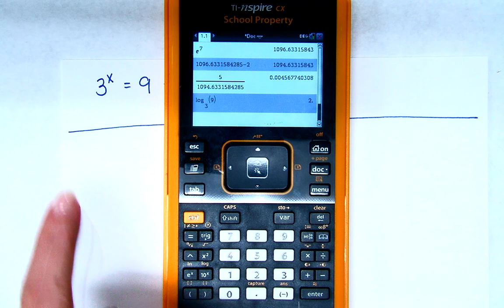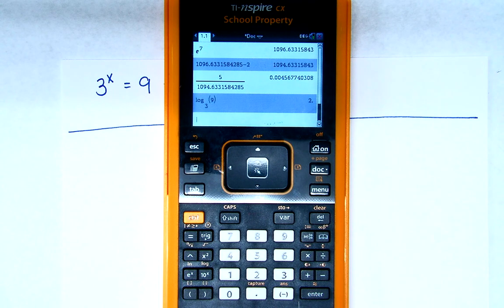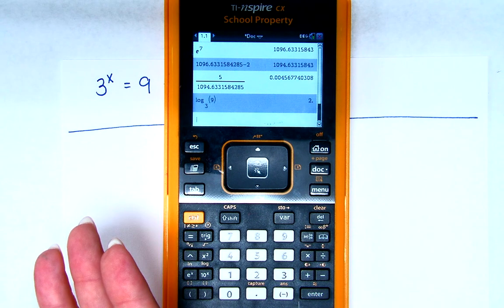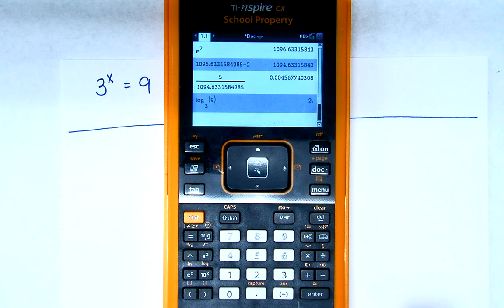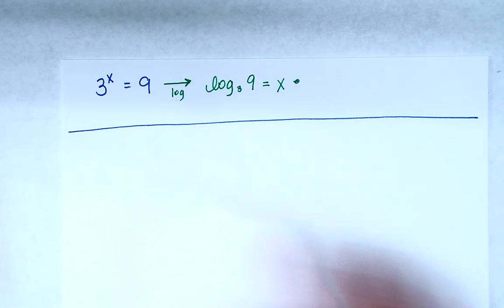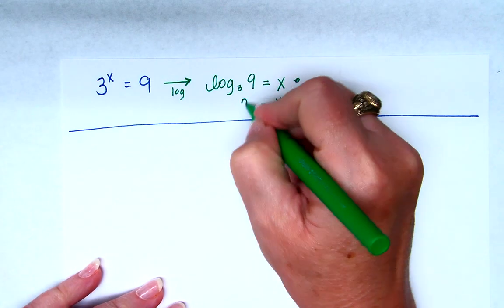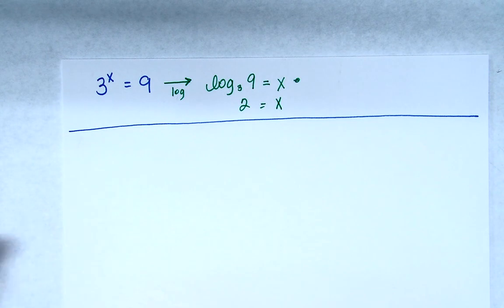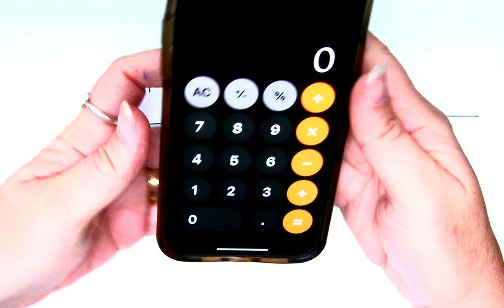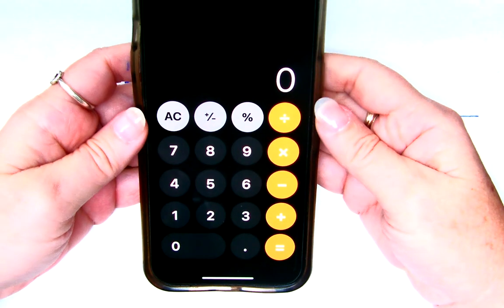Okay? But now, number 1, now you know a little bit of the steps that we have to do, right? We want to go from exponential to logarithmic form. But here's our mini lesson. First of all, let me write x equals 2. There was a time when we had calculators that just looked like this, right?